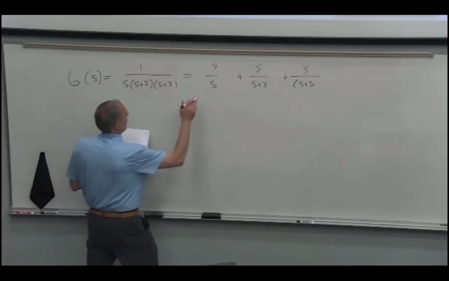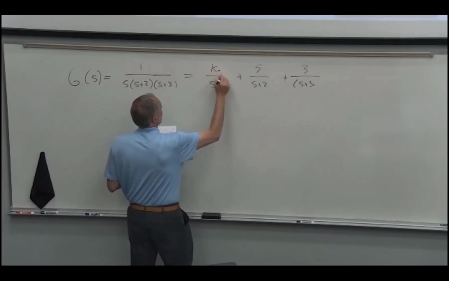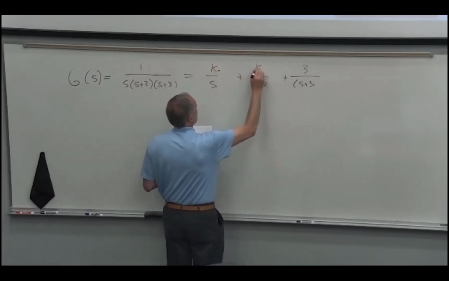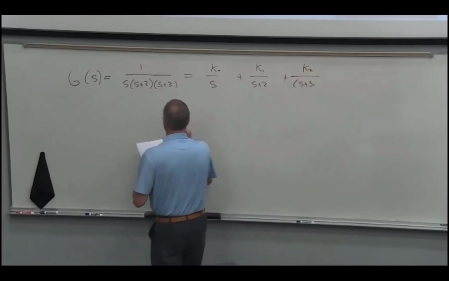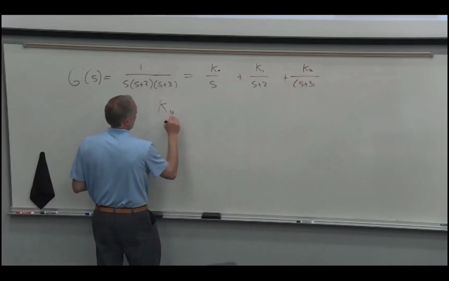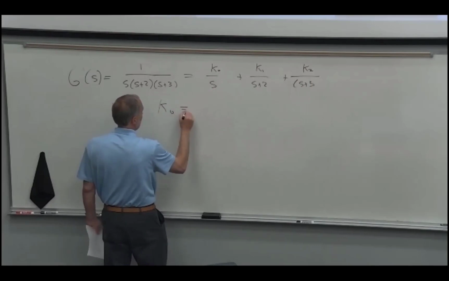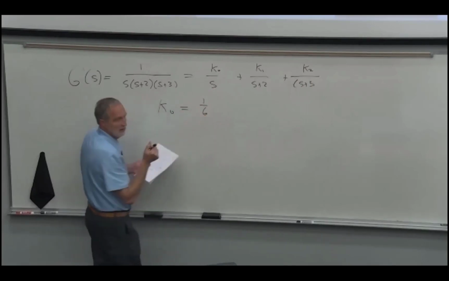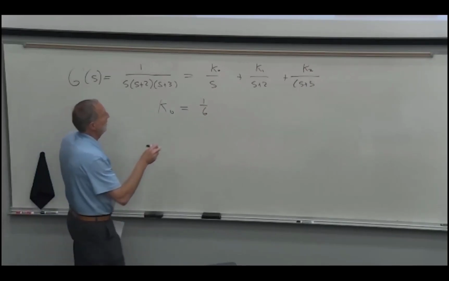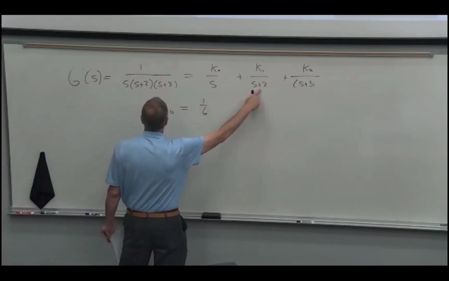And then, well, let's see, I called this K0, K1, so I'm going to give you these answers. So K0 you find by multiplying both sides by S, and you should get 1/6. Good. K1 you find by multiplying both sides by S plus 2.